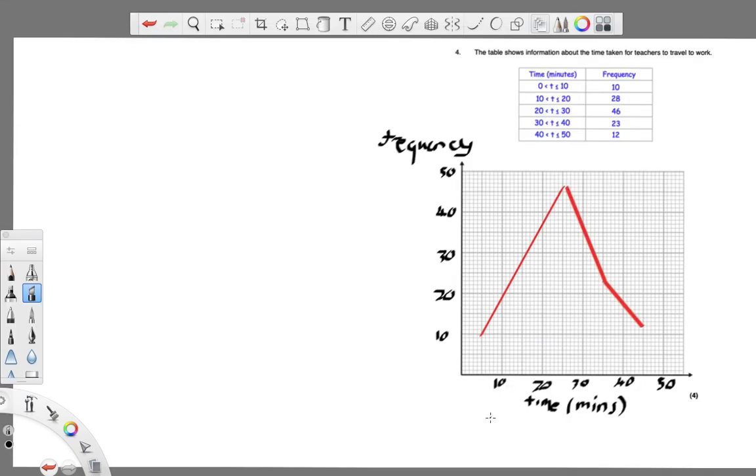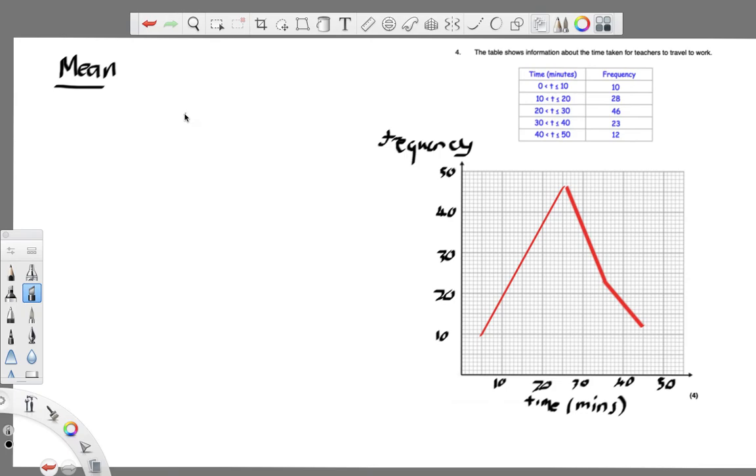Here we have a table that shows information about the time taken for teachers to travel to work. I have gone ahead and drawn a frequency polygon for that data, and we are now going to find the mean. So we are going to calculate the mean. Okay, so how are we going to do that?